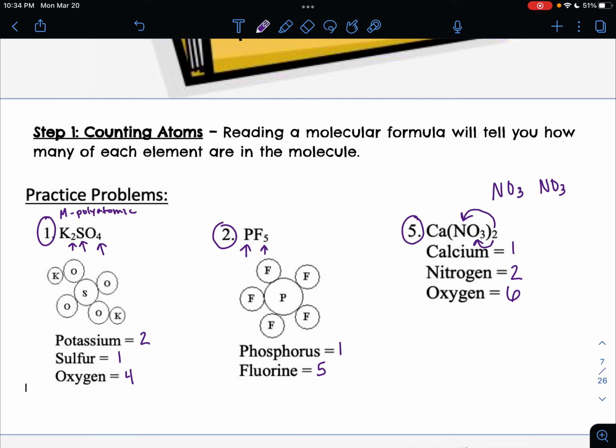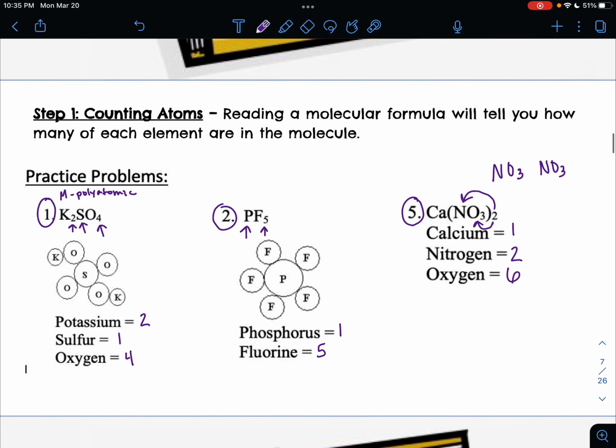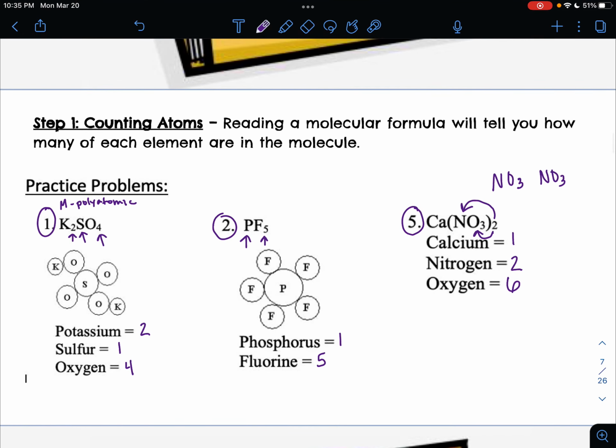So we can just apply that little number outside the parentheses to everything inside the parentheses, and we want to make sure that we're multiplying, because we're really saying that we have 2 of that whole thing. Okay, so take a few minutes if you need to practice counting the other examples on your notes.